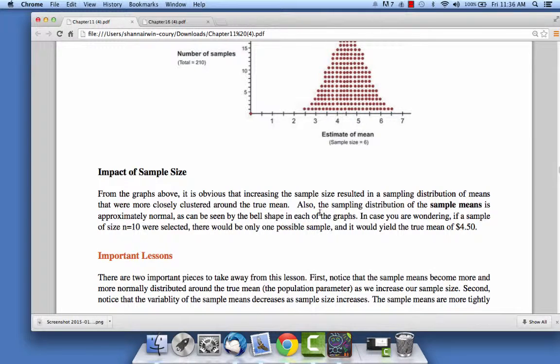I think I already told you that no matter how crazy your actual sample's distribution, if you then average all of them and instead look at the distribution of those averages, then that is approximately normal. It's really approximately normal at sample size 30 or greater, but you can kind of use it.